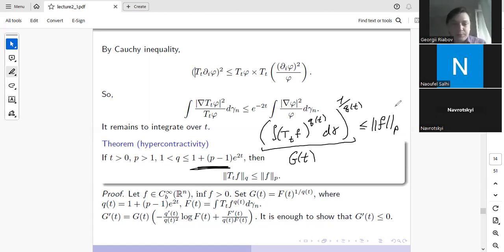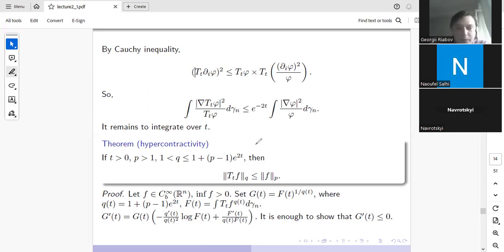So what must be proved? It is enough to prove that g is a decreasing function. Here you can see how the derivative of g looks like. So it is enough to prove that this thing is non-positive.